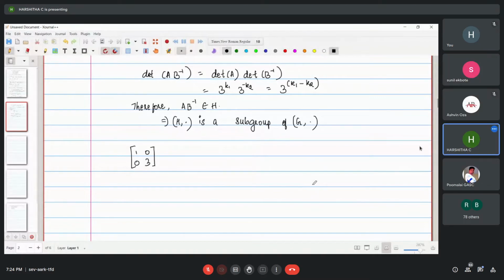Okay. So let's say A equal to 1, 0, 0, 3. So determinant of A is 3.